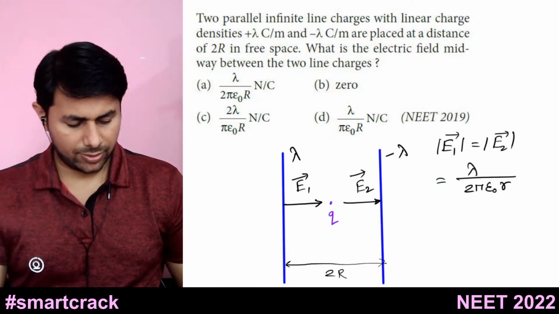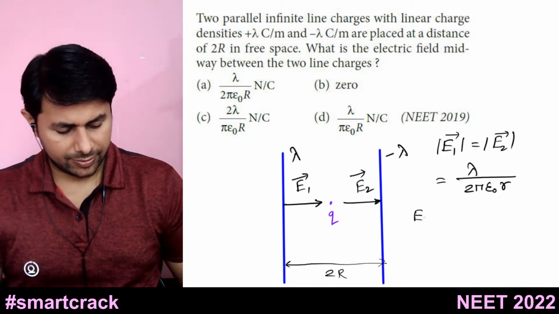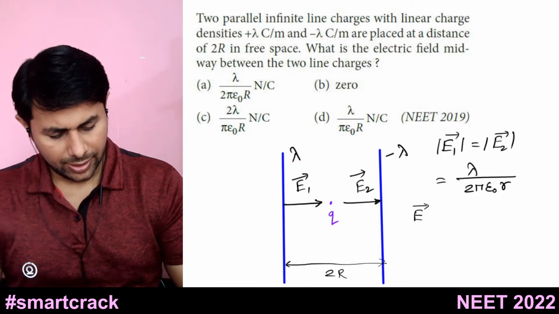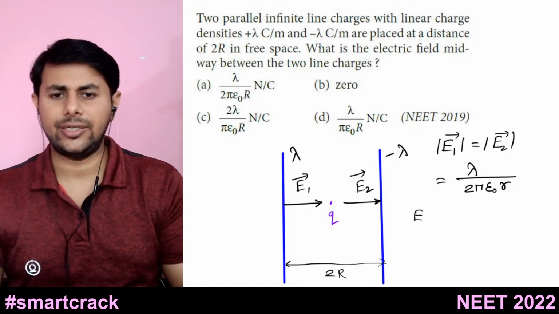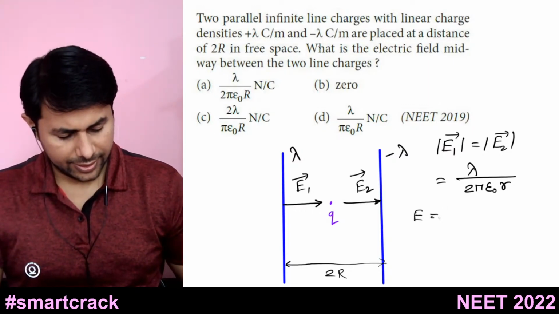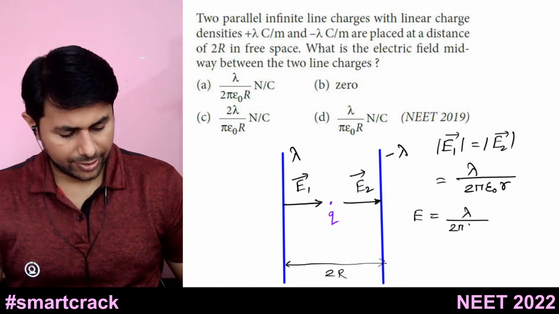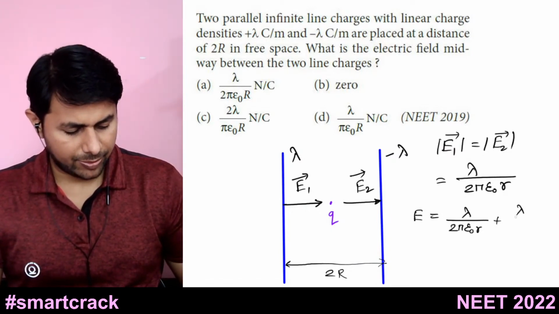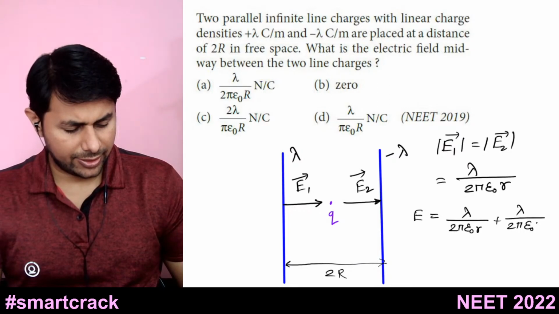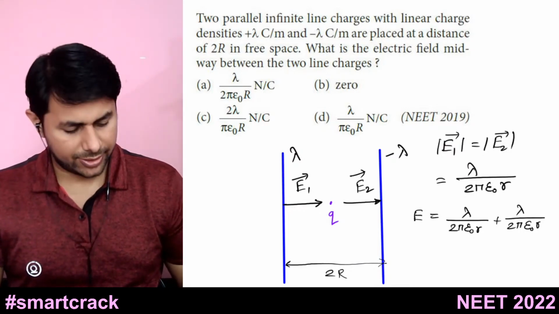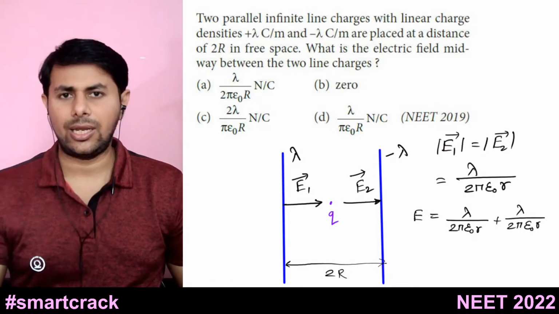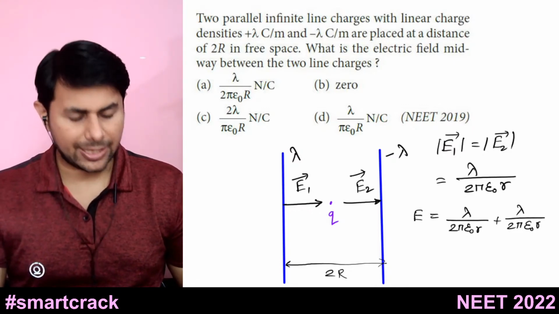So the net electric field will be the vector sum of the two, and because they are directed in the same direction, it is lambda upon 2 pi epsilon naught r plus lambda upon 2 pi epsilon naught r, sum of the magnitudes. Which is 2 lambda upon 2 pi epsilon naught r.